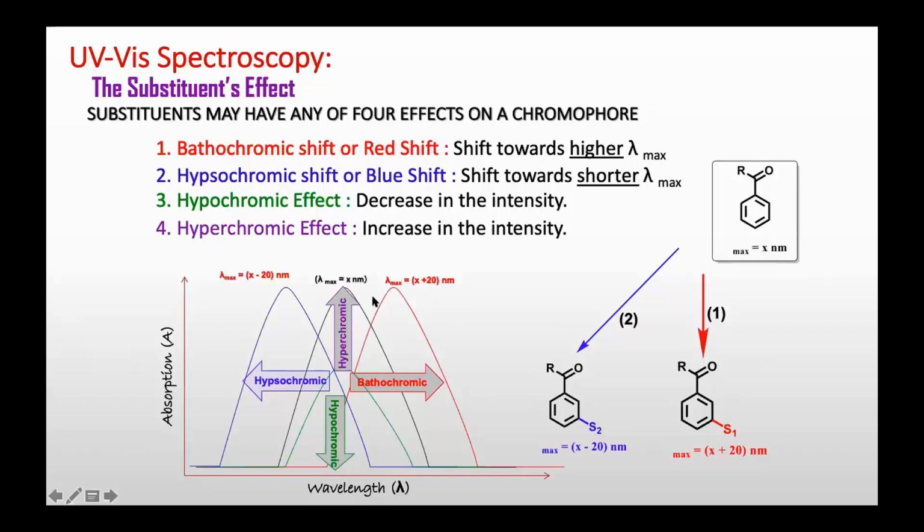So these are the terms we use to define the shifting in lambda max and in intensity due to the substituent on a chromophore. The hypochromic and hyperchromic effects depend on the concentration and the molecular extinction coefficient.